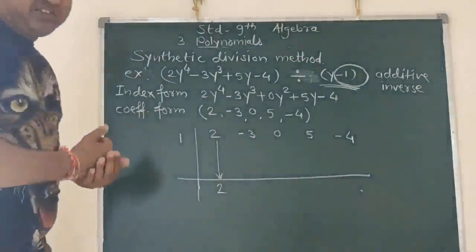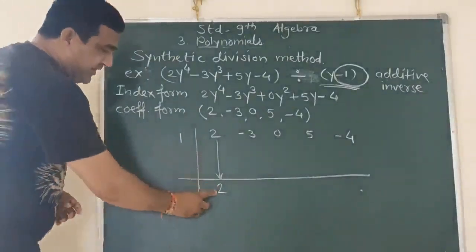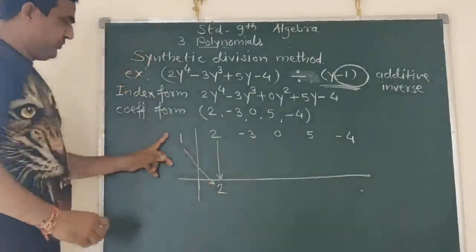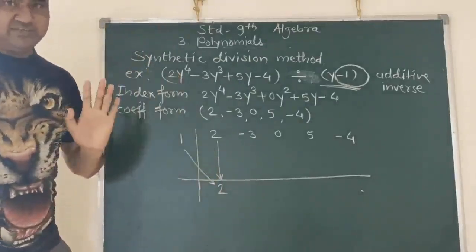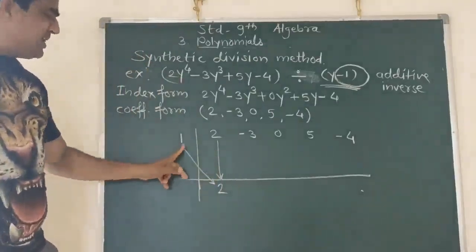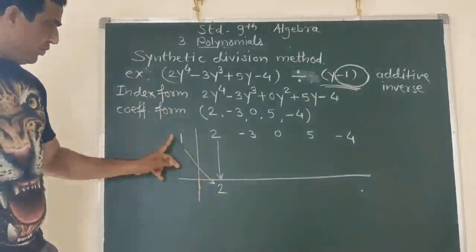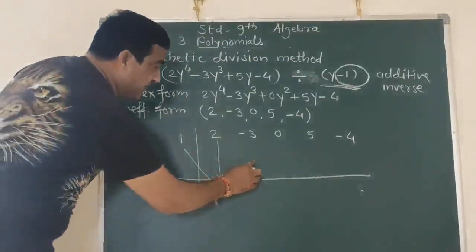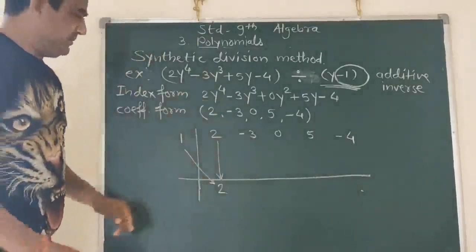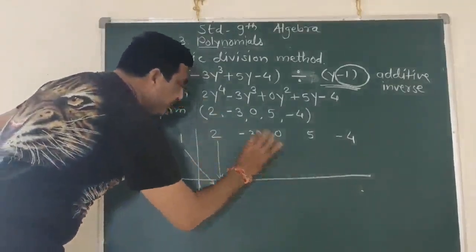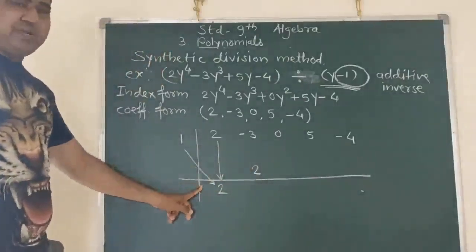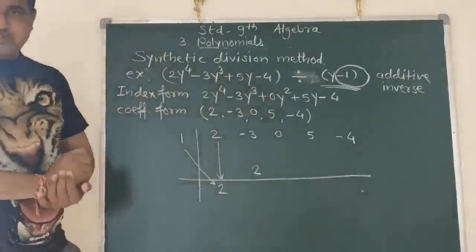After writing here, you have to perform multiplication of these two, with sign. So 1 into 2, 2. Whatever product we get, we have to write below the second coefficient. So this product will be 2. You have to write this product below the next coefficient.